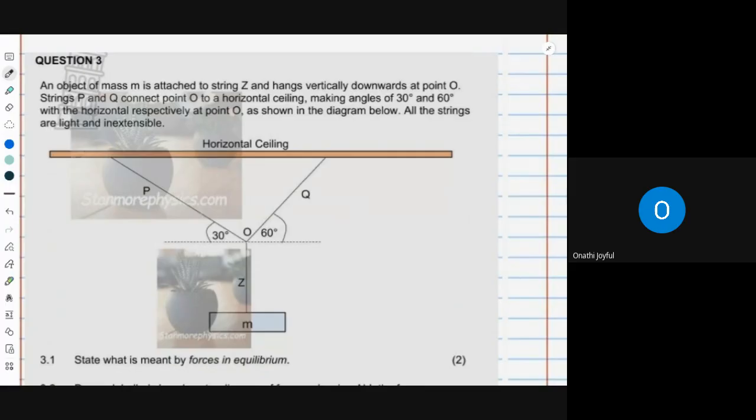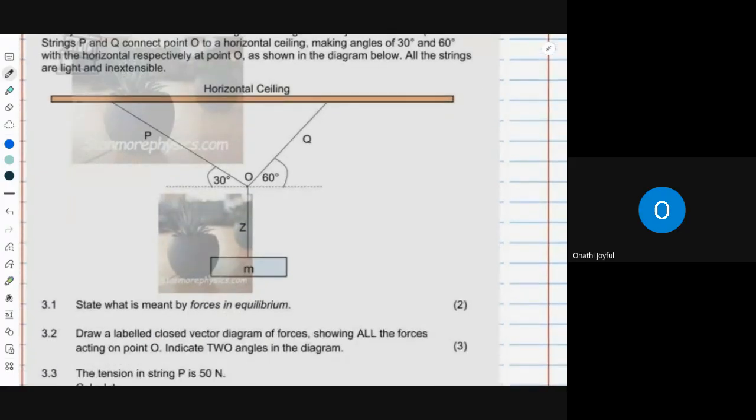Then they gave us the angles of Q and P. These are the angles they make with the horizontal. Notice that they are showing you the line from which we are measuring the angle is a straight line like this, so it's from the x-axis essentially. So we can use this angle to find the components of these two, P and Q. So that's one thing you must remember.